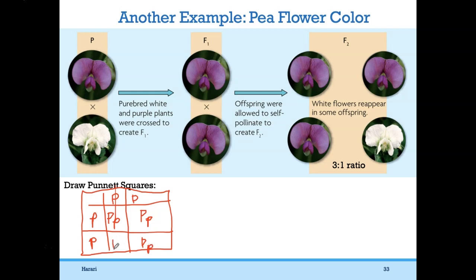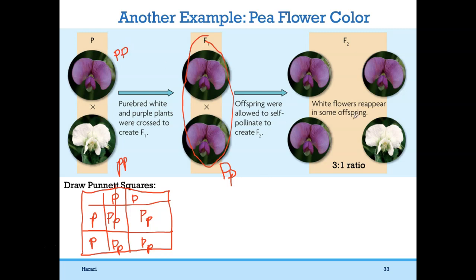And what phenotype would big P, little p be? It would be purple. And that's exactly what we saw here. So the genotypes of all these purple flowers here are big P, little p. This was little p, little p. This is big P, big P.